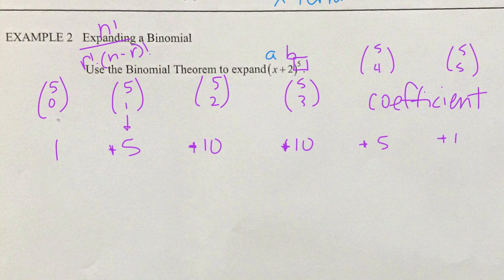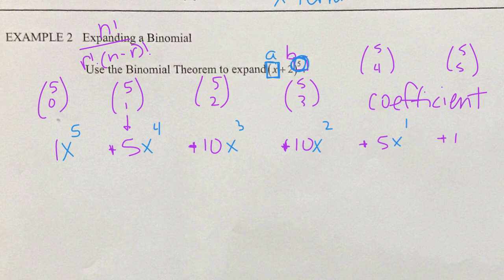Okay, next. Let's go to your A value, which in this case is x. Okay? So the x's always start at your highest power, and they lose a power every time you go to the next term. So it starts with x to the 5th power, and then x to the 4th power, and then x to the 3rd power, and then x squared, and x to the 1st, and even x to the 0.